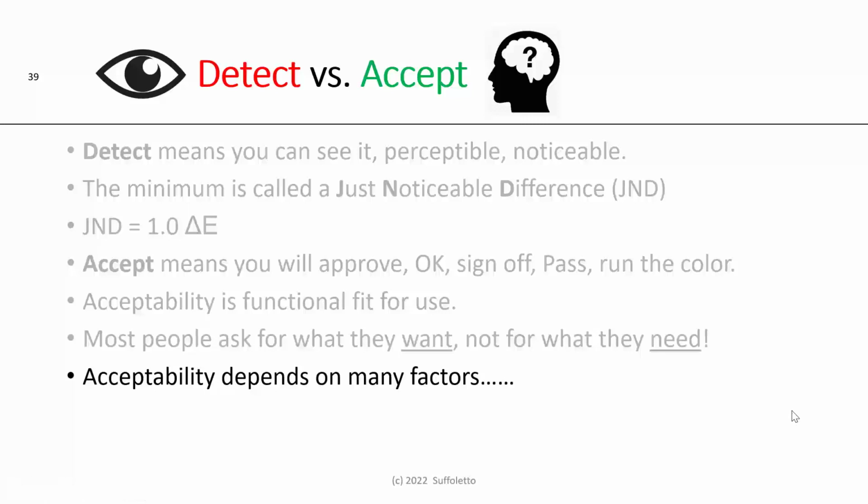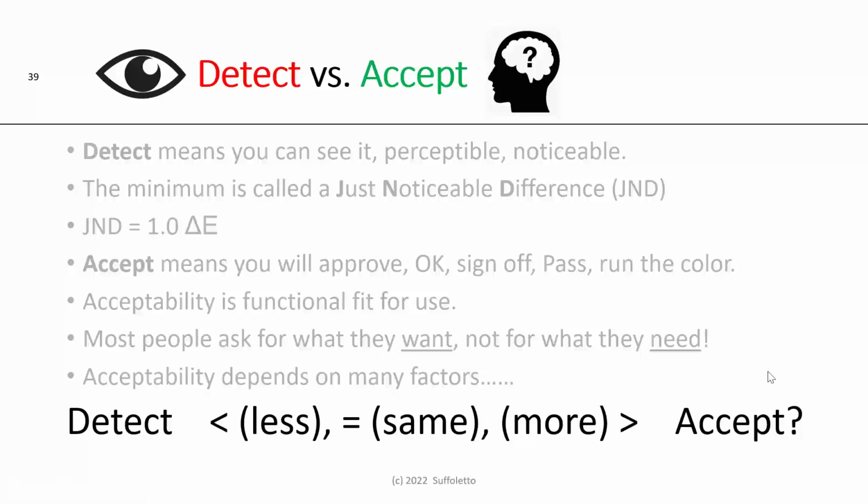Acceptability depends on many factors. Some of these are external factors: the customer, their expectations, their requirements, their products, their marketplace. But many of these factors are internal, when it comes to productivity, efficiency, profitability: how much time have we spent on it, how much material have we wasted on it, how late is the job, how many recent customer complaints or rejections have we had, those types of factors.